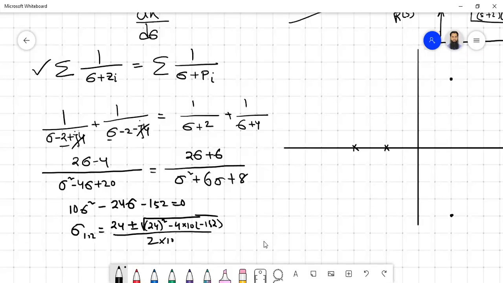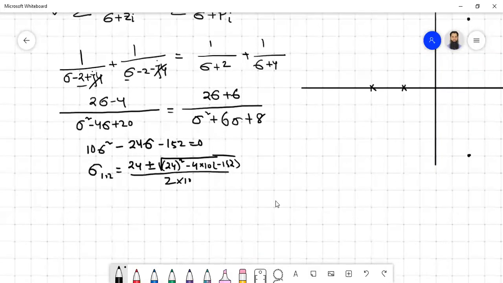If you use the calculator, you get two values. One is plus 5.2774, and the other value is minus 2.877.